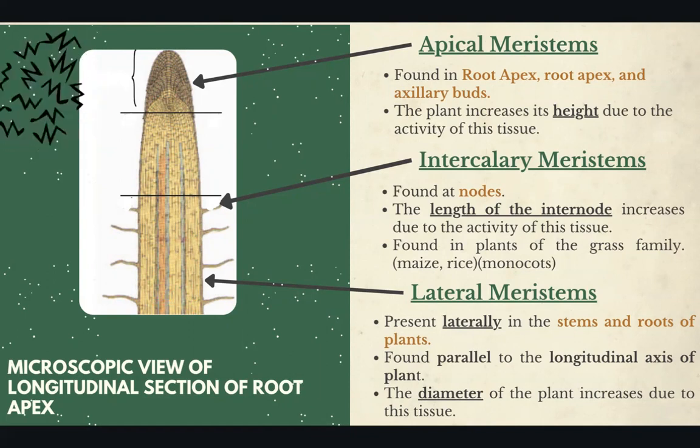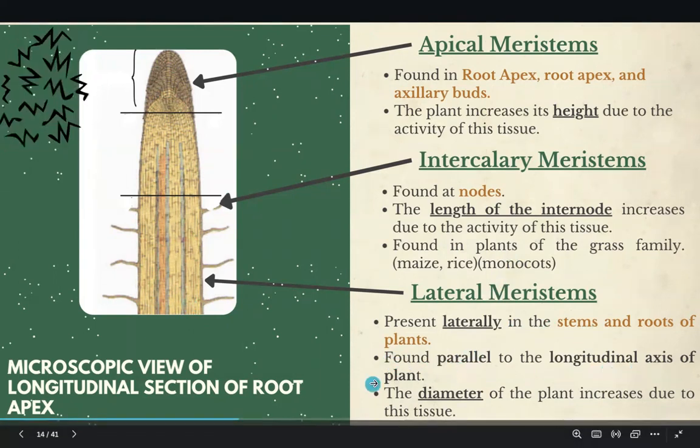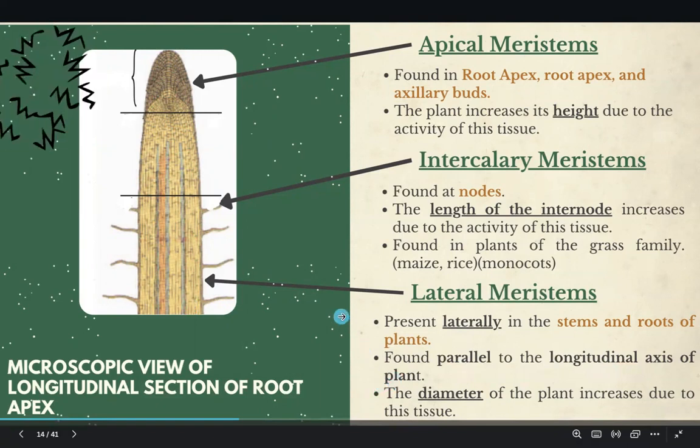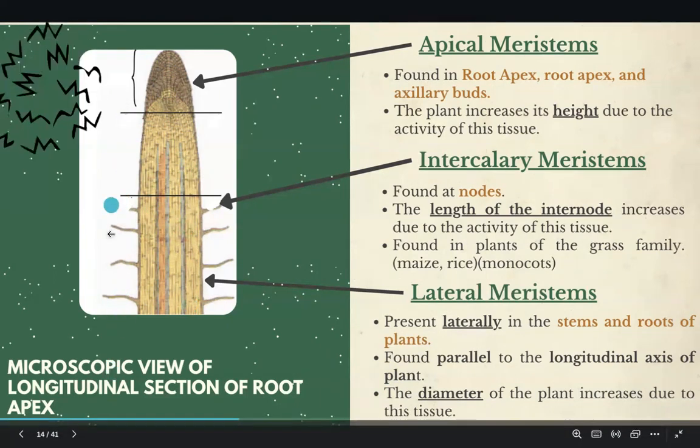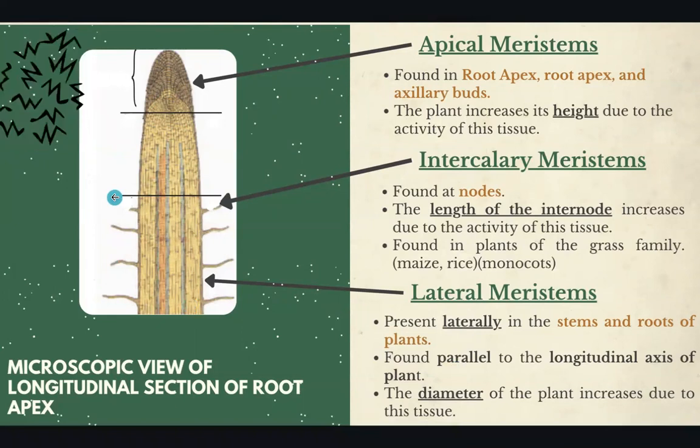That means it gets fat. It's present laterally in the stems and roots of plants and found parallel to the longitudinal axis of the plant. The diameter of the plant increases due to this tissue. This is a microscopic view of the longitudinal section of the root apex.